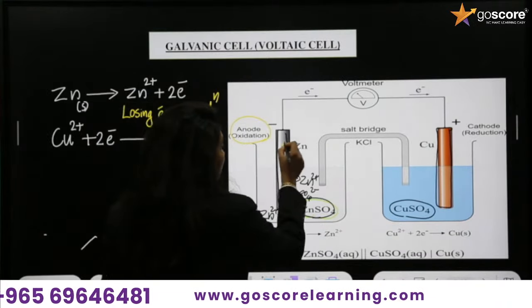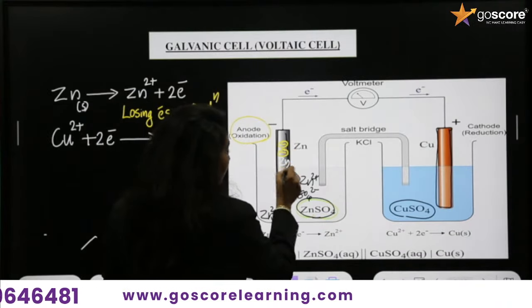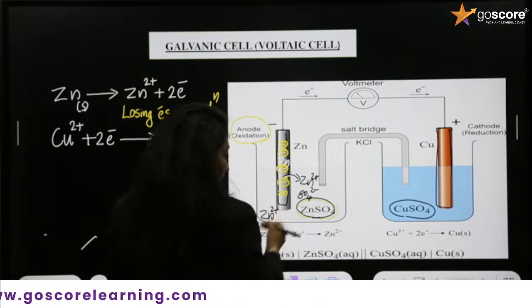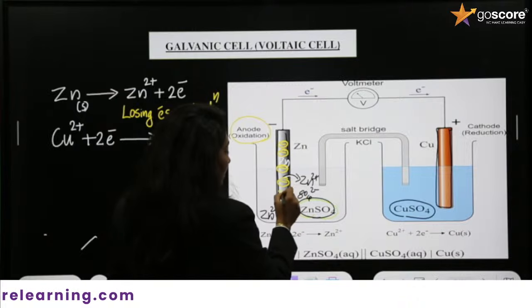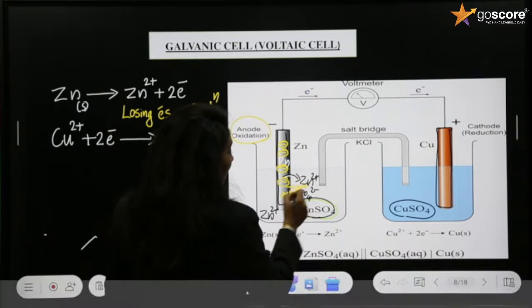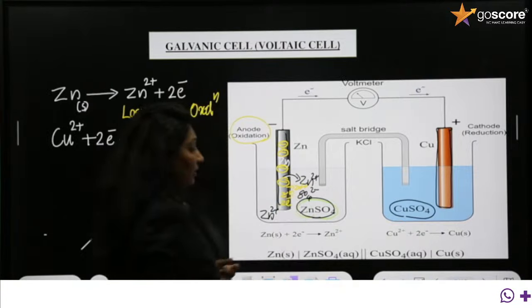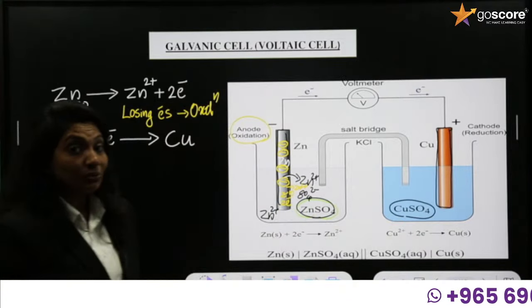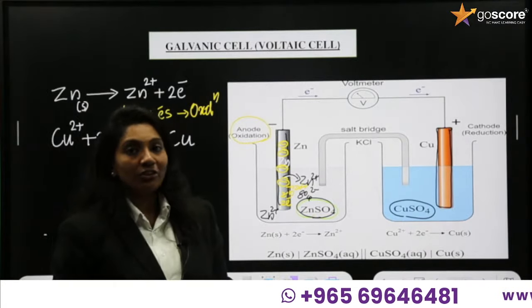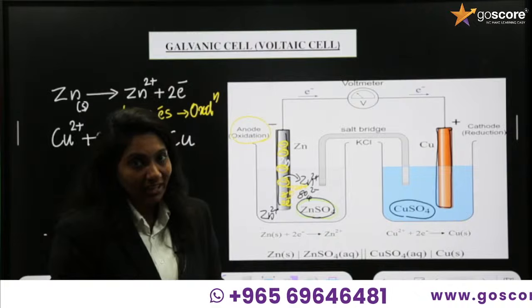So thus electrons will be there on this metal rod, right? The zinc is converting into Zn2+ and the 2 electrons are free there, right? I told you, these free electrons will not go into the solution. They will be there on the surface of the metal electrode, right?